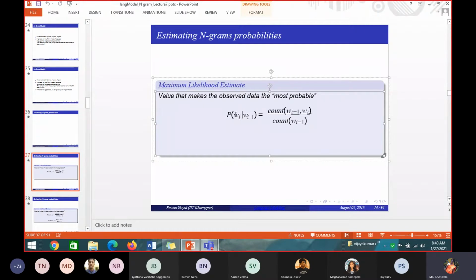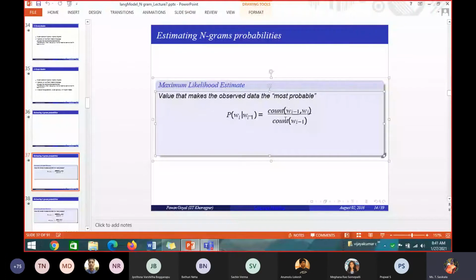That is bigram. So the probability of WI given WI minus 1 is equal to, in my corpus, I am finding how many times, that is the denominator, the previous word occurred in my corpus. Among those, what fraction of times WI occurred after WI minus 1. Whatever word I want to predict is WI, that occurs after the previous word.